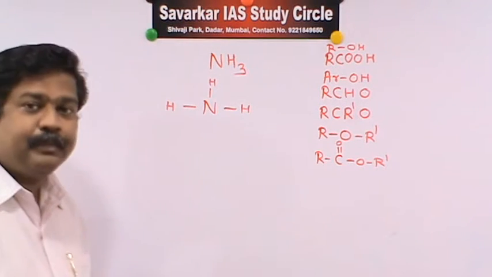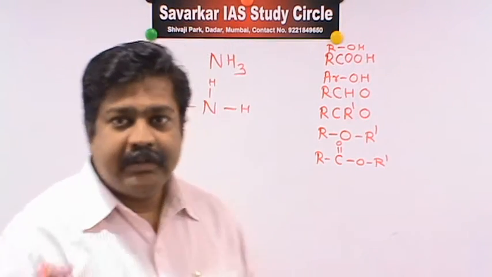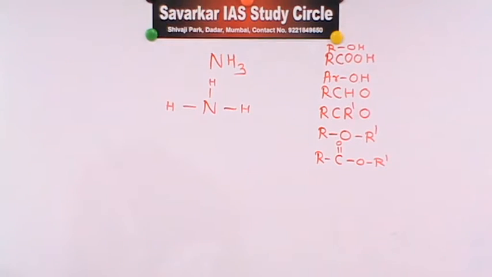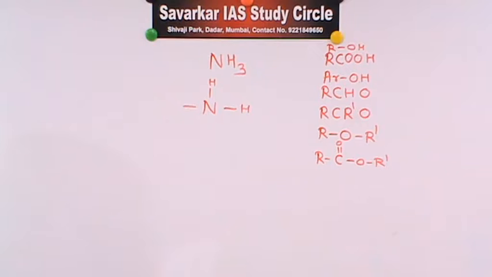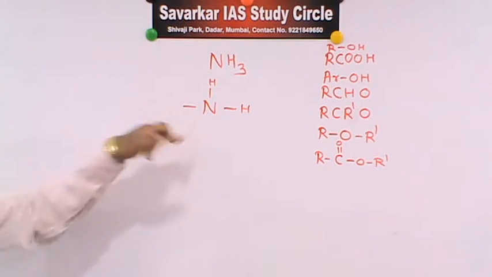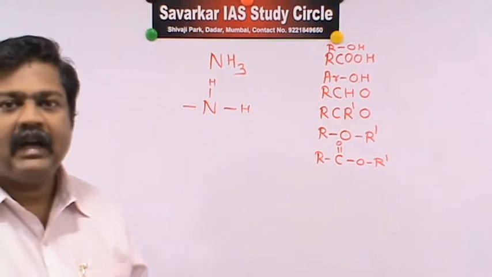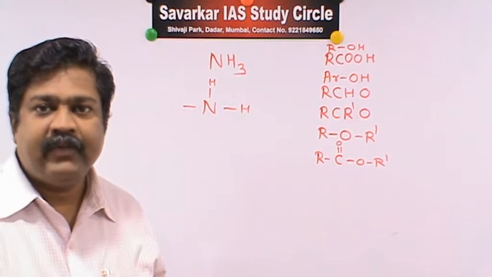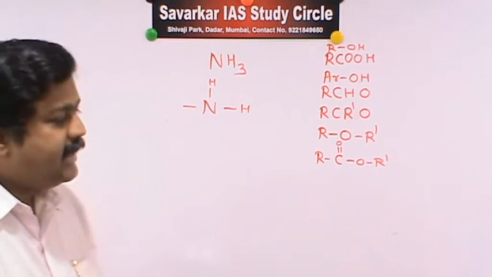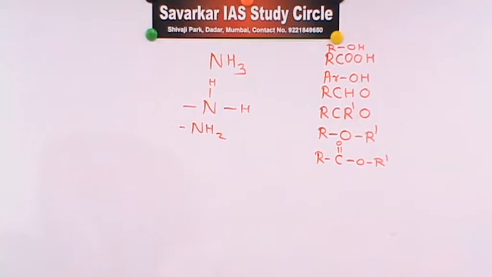Even when I talk of methane, don't consider that all bonds are in perpendicular directions. Now I am removing one hydrogen from ammonia. If one hydrogen is removed, the substance derived from ammonia is called amine. Therefore, the NH2 group we consider as the amine group or amino group.